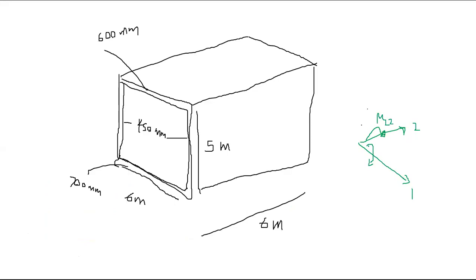This bending moment is actually about axis 1, right? The direction is like this. If you get the side view, this is the second direction, this is M22. Now you can't see M11 because it's going in towards the plane.